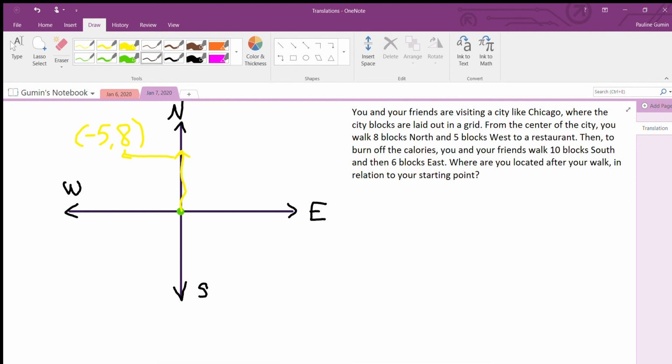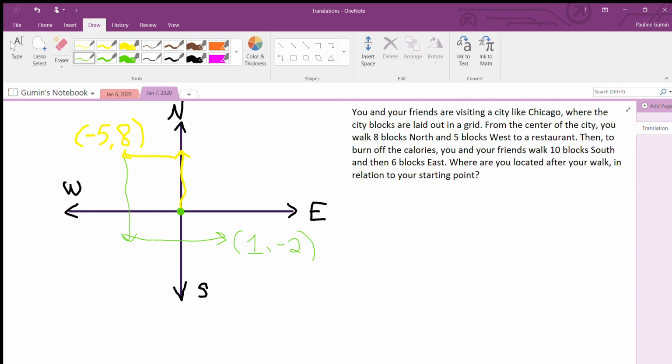From the restaurant, you decide to take a walk and burn off some calories. You go 10 south, and you go 6 east. So if we move 10 down from 8, that's -2. And if we go 6 blocks east from -5, that's 1 block.